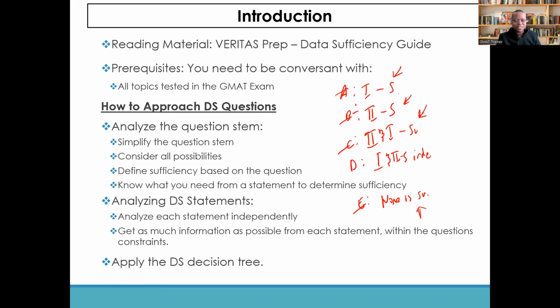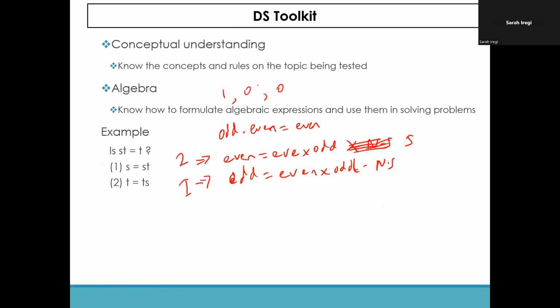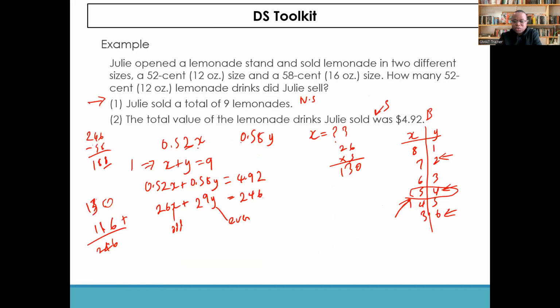Consider the possibilities. So there can't be a structure or a system I can always use for such questions. What you can have is, in algebra, know the types of equations we have. All of them, just know all of them, especially those tested in the GMAT. This one falls in the group called Diophantine equations. You can go read more about it.